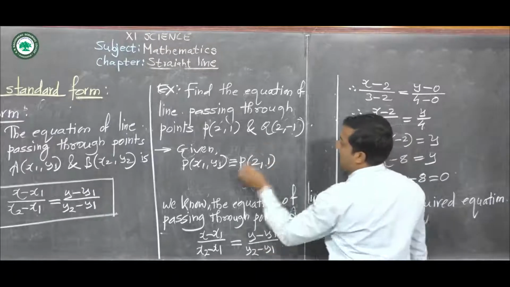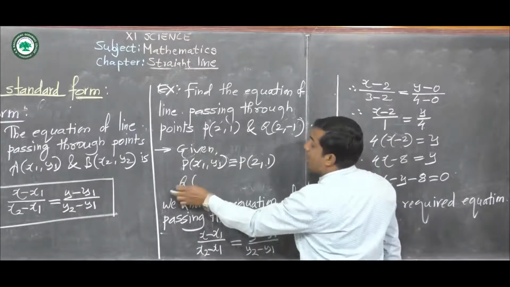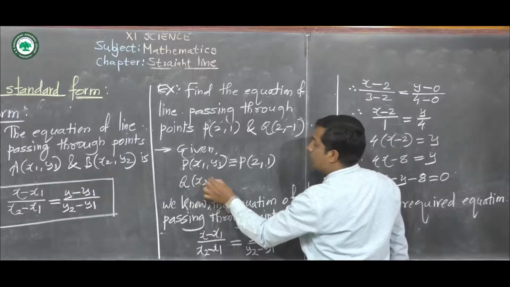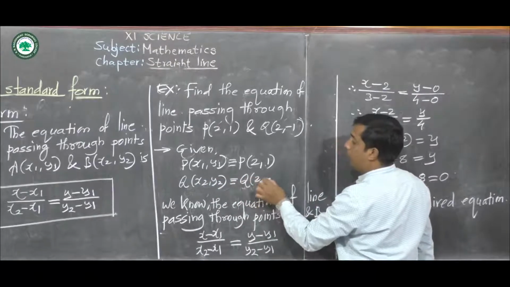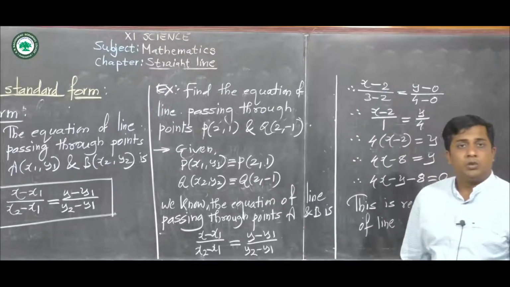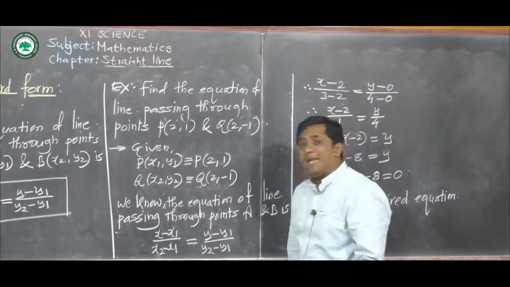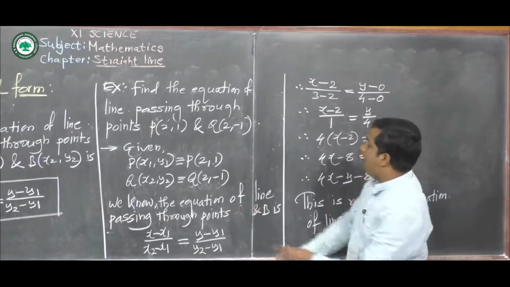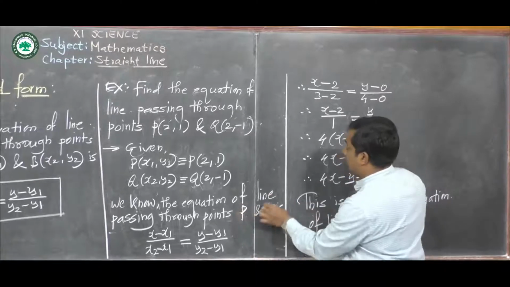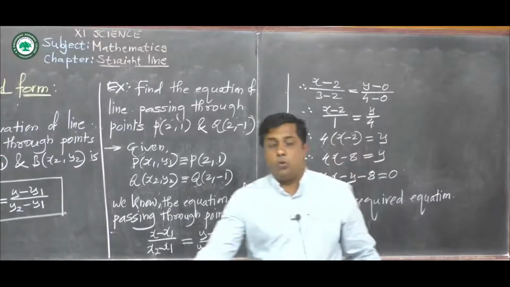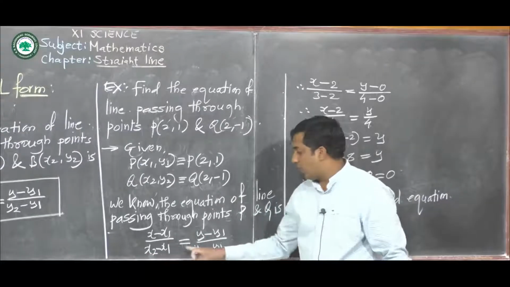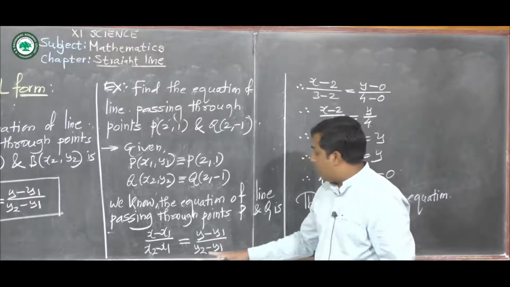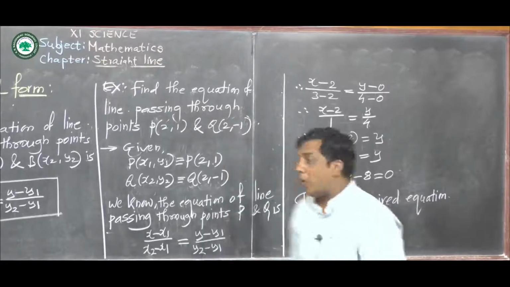Then second, Q is given. Let us consider coordinates of Q as x2, y2, equivalent to Q of 2, minus 1. Now we know the equation of a line passing through the points P and Q is (x minus x1) upon (x2 minus x1) equal to (y minus y1) upon (y2 minus y1).